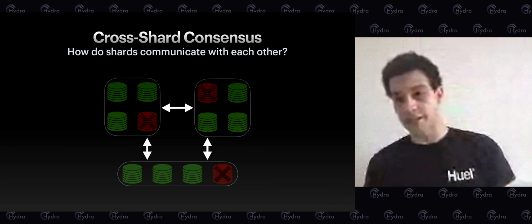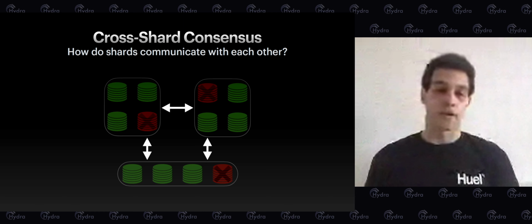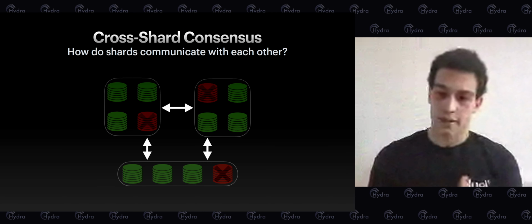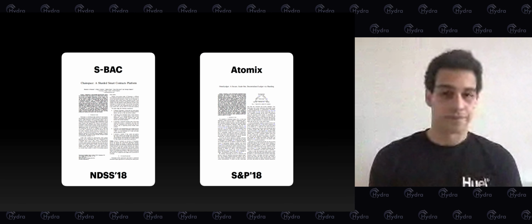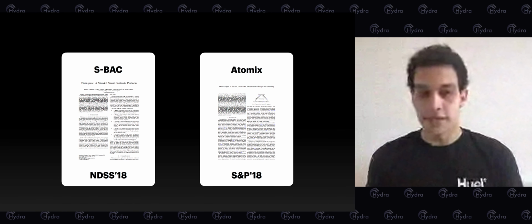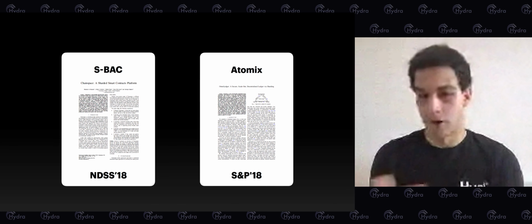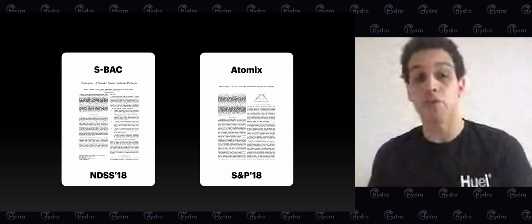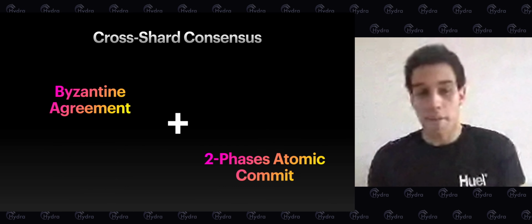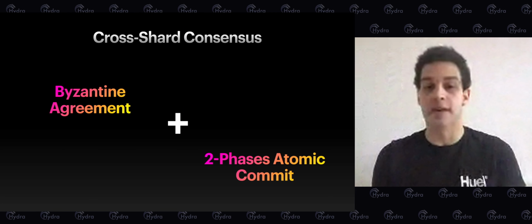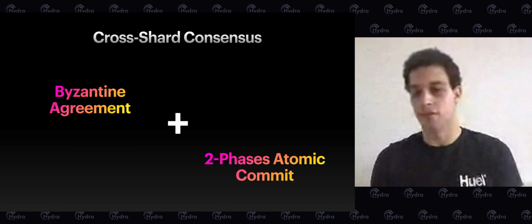So now the question is how sharding works. We will just focus here on how to build those links across the shards. I will use some of the techniques that are described in multiple papers like S-BAC and Atomix, that explain how this works based on techniques that are a mix of Byzantine agreement and two-phase atomic commit, in case you've heard about those.